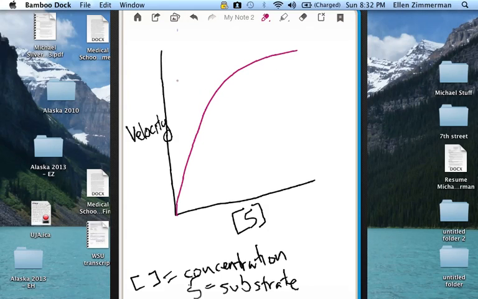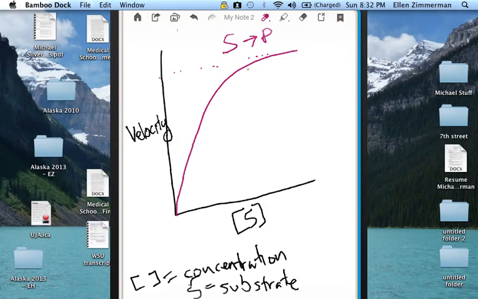You've probably seen something that looks a lot like this. I'm trying to draw that there. This right here is where it plateaus, known as its maximum velocity. The maximum amount of turnover where it will go from substrate, remember S, into product.